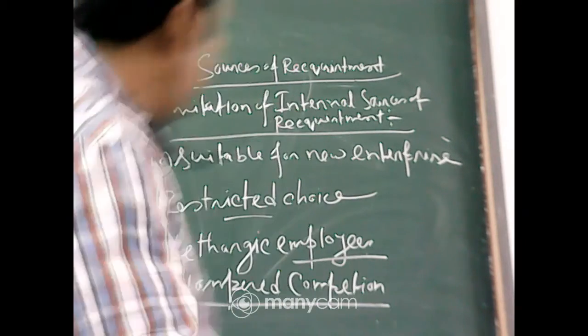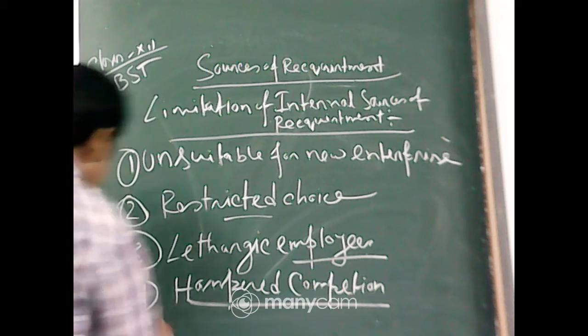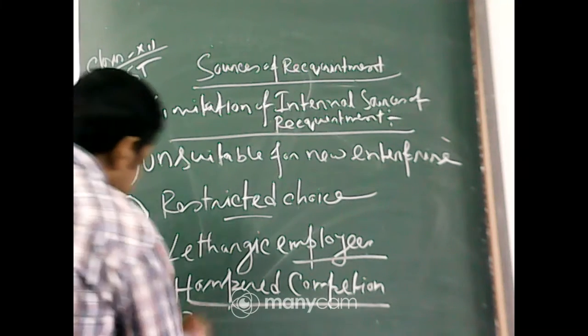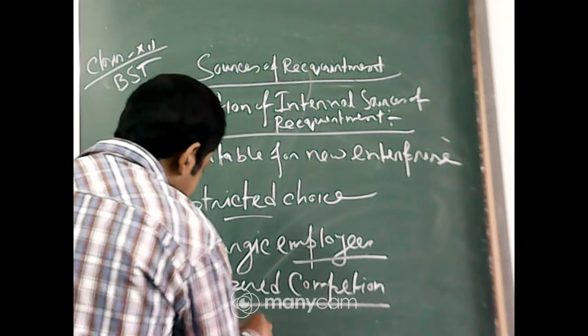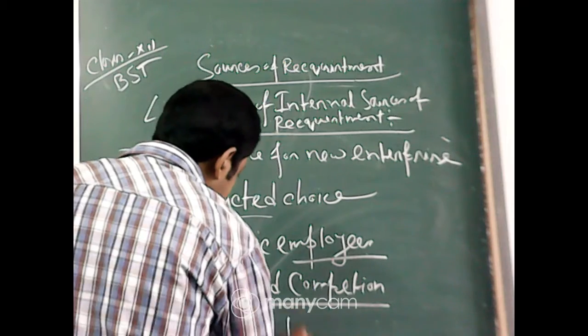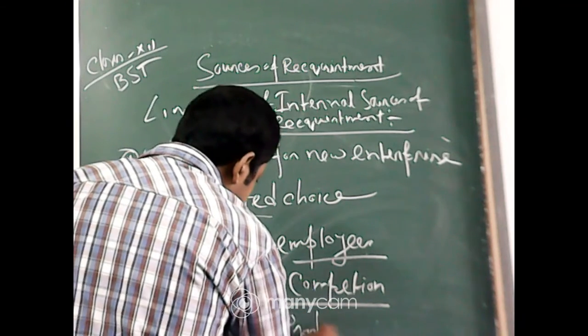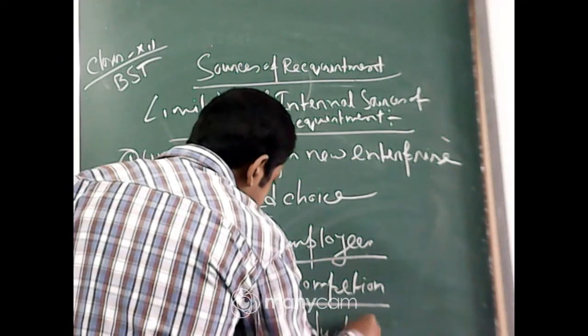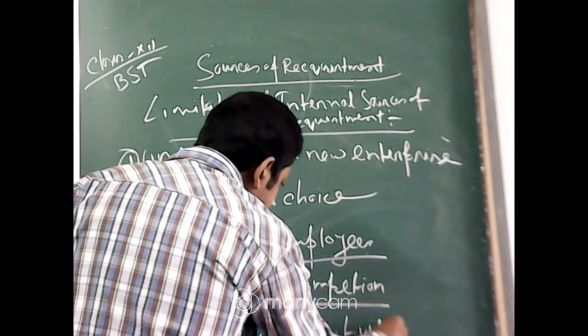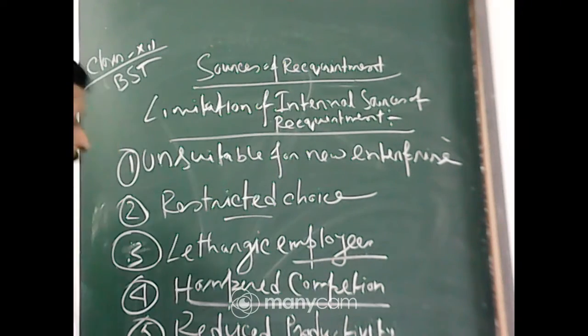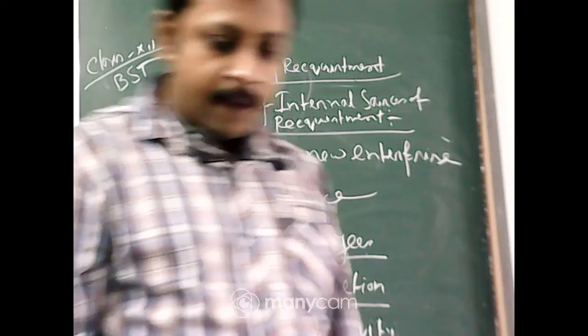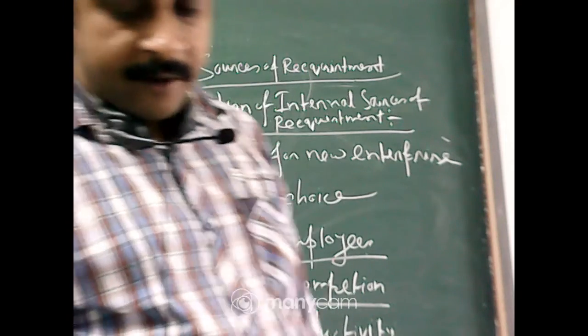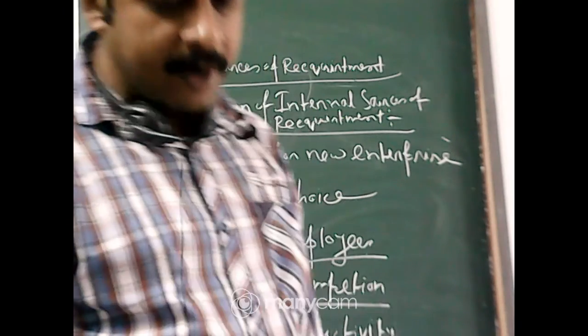Number 5 is reduced productivity. Why is productivity reduced? Frequent transfer of employees may often reduce the productivity of the organization.